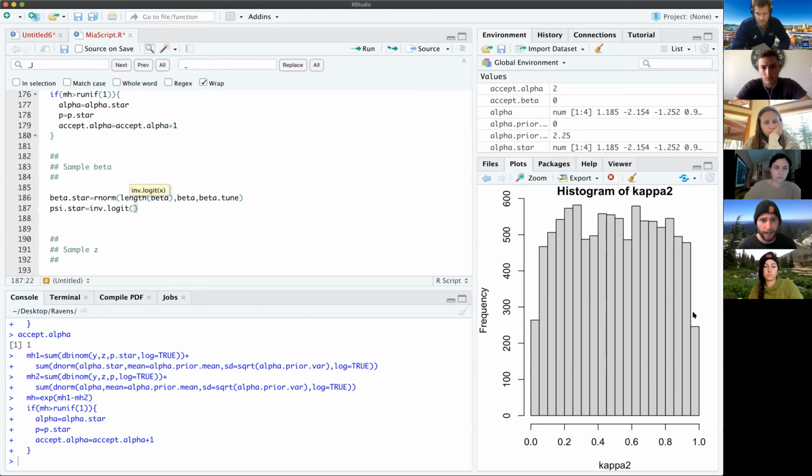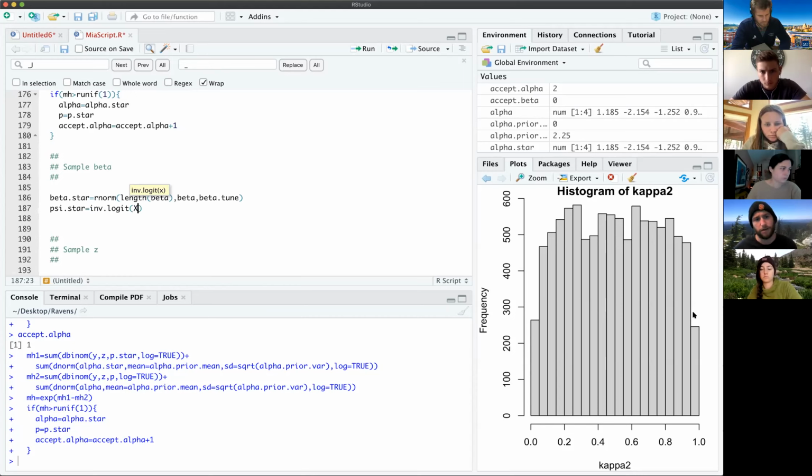The inverse logit again? Yeah, inverse logit of what? Of beta dot star, or no? Oh yeah.